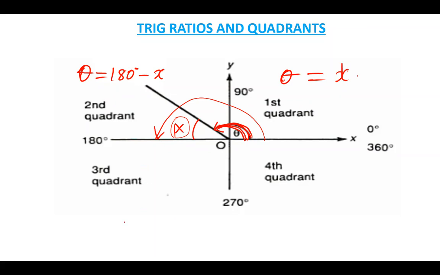In the third quadrant, you say 180 degrees plus x to find theta. And then in the fourth quadrant, you say 360 degrees minus x to find theta. All right, it is just as simple as this.